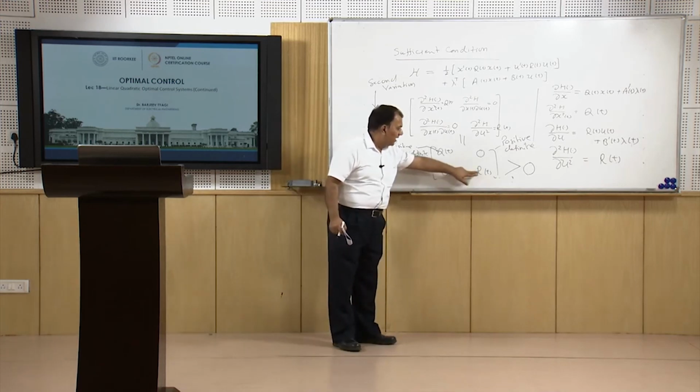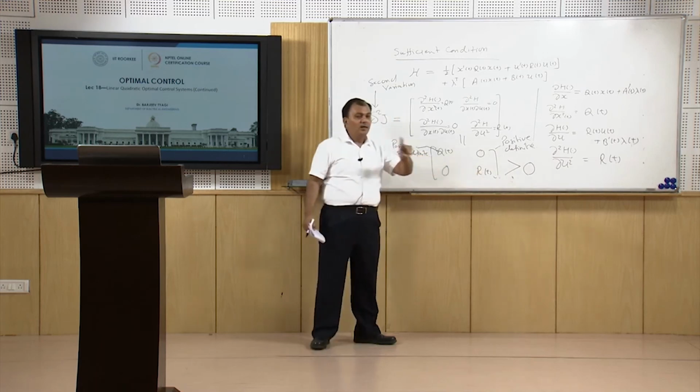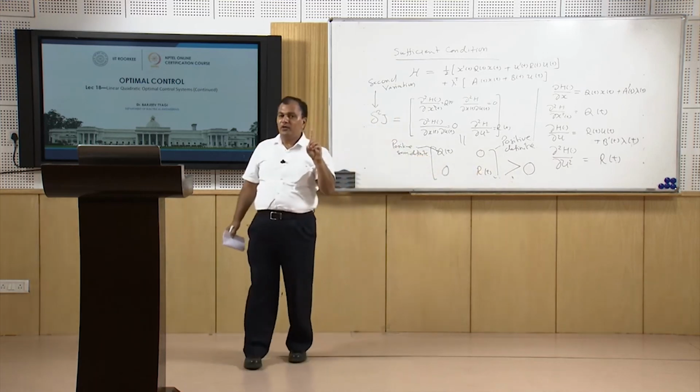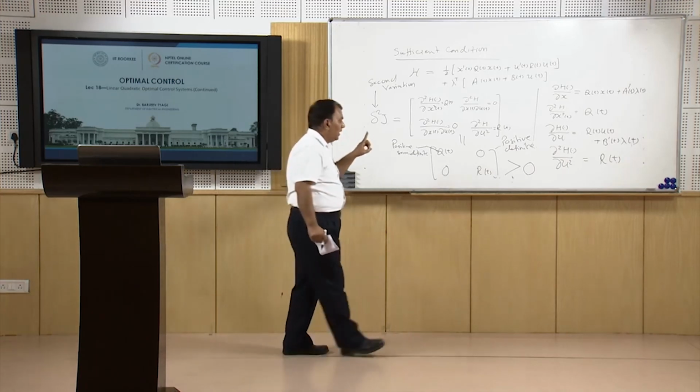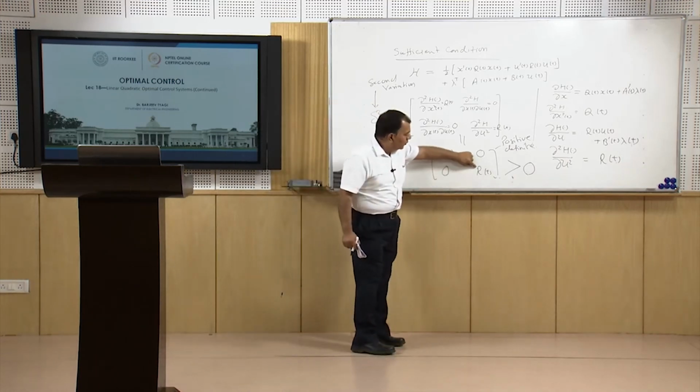Previously we have also shown that R is required to be positive definite, because in the optimal u we also use R inverse.